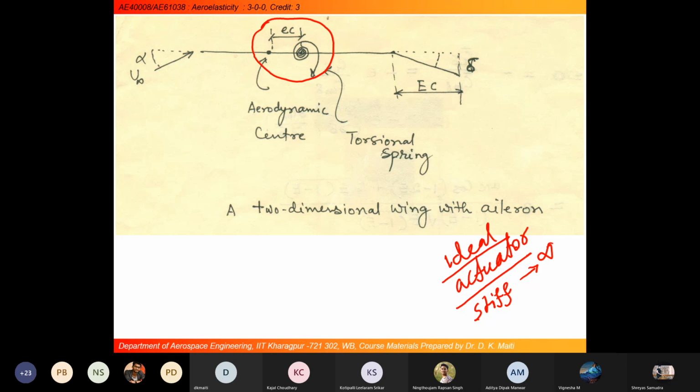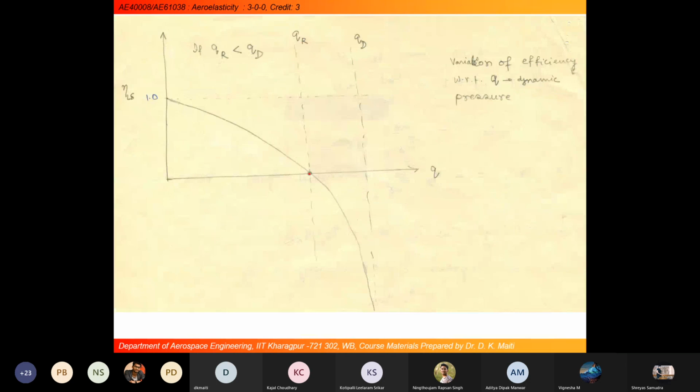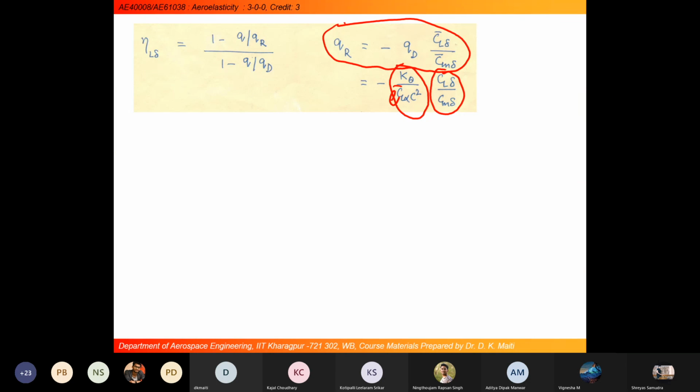In that case we get a control reversal speed defined here: QR is equal to minus QD into CL alpha bar, CL delta bar divided by CM delta bar. Depending on how the Q reversal speed is placed, whether it is within the divergence speed or above the divergence speed, we will have a different nature of the efficiency curve.